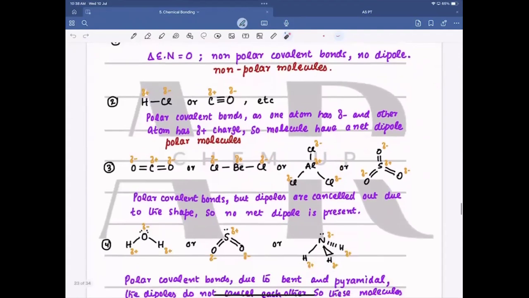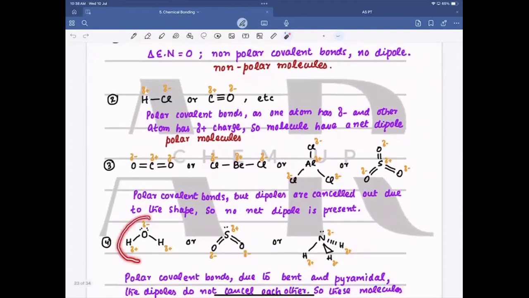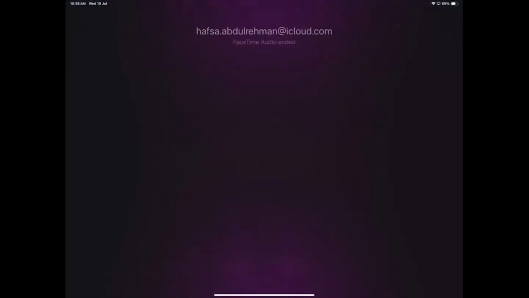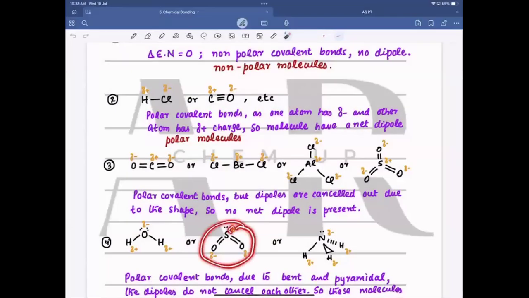Now have a look. If I make the shape, it's going to be like this, but see, this end is becoming negative and this end is becoming positive, isn't it?